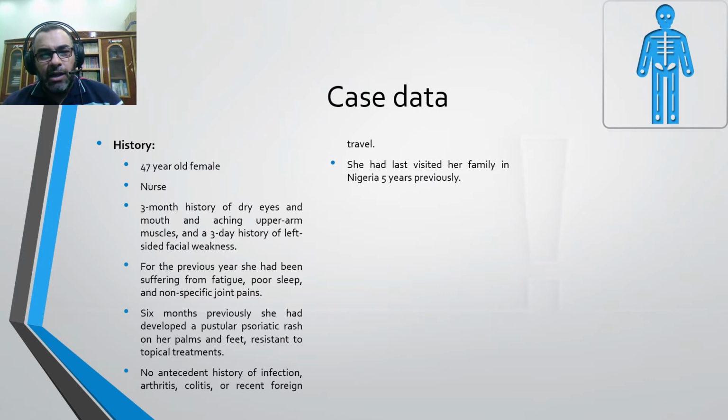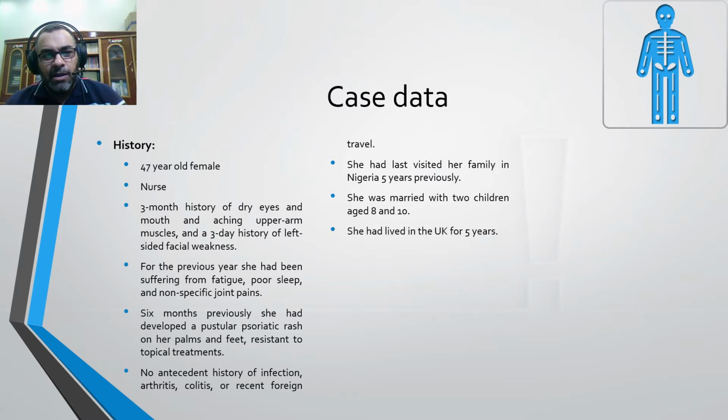The patient had last visited her family in Nigeria 5 years previously, so that is the last travel to another country. She is married and has 2 kids aged 8 and 10 years. She had lived in the UK for the 5 years since the last visit from Nigeria.